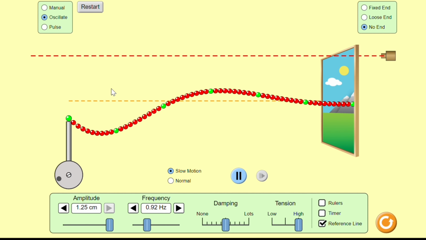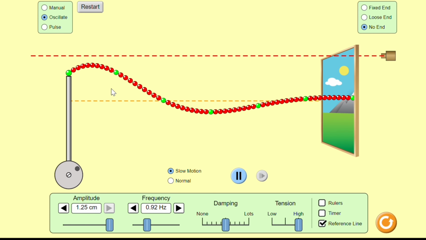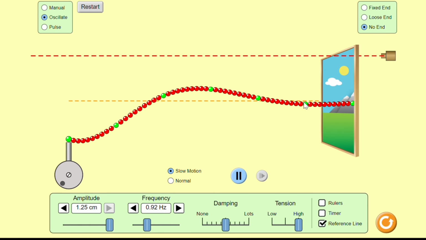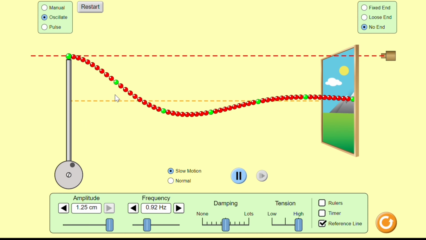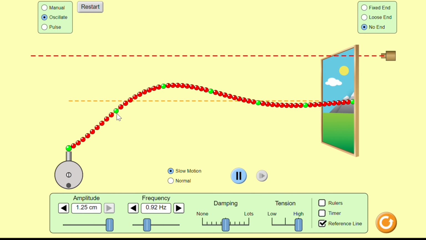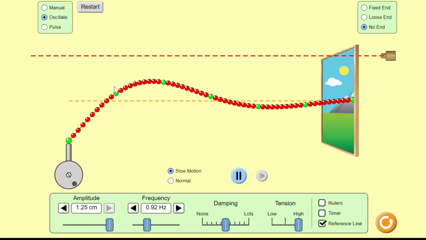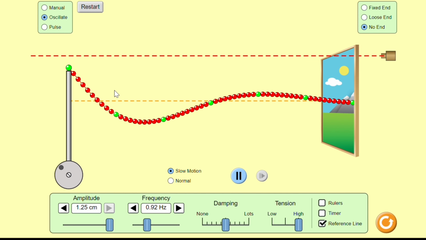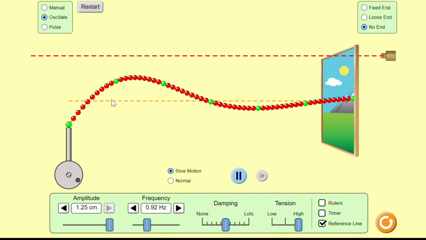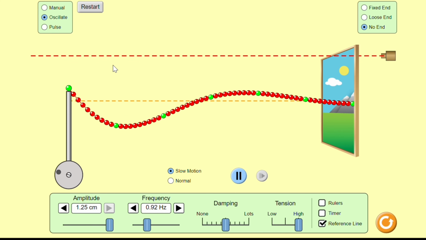We understand the definition. As the wave is moving to the right, the particles are moving at right angles. They're making an angle of 90 degrees to the direction of the motion. They're moving up and down, as we can clearly see.